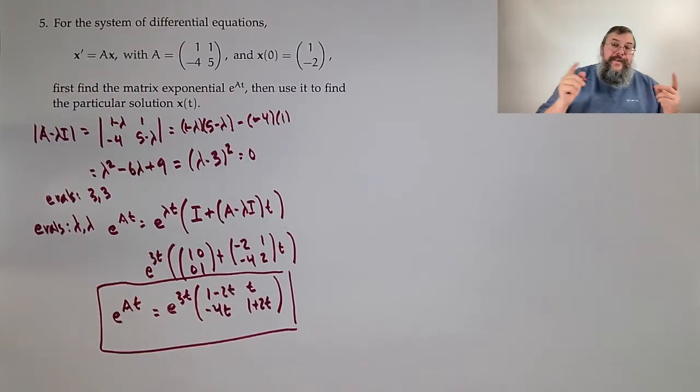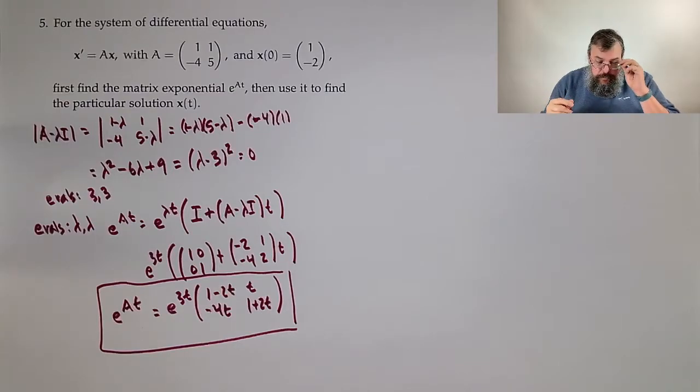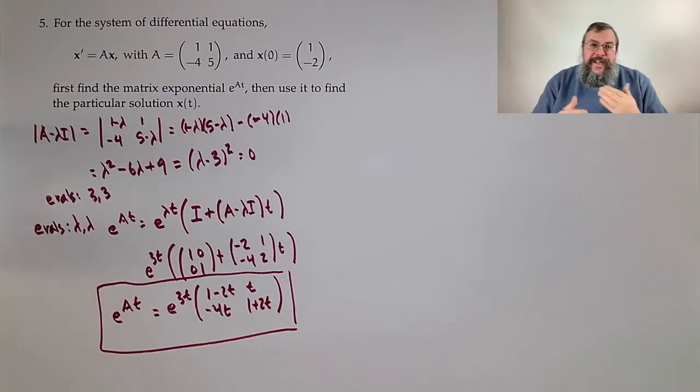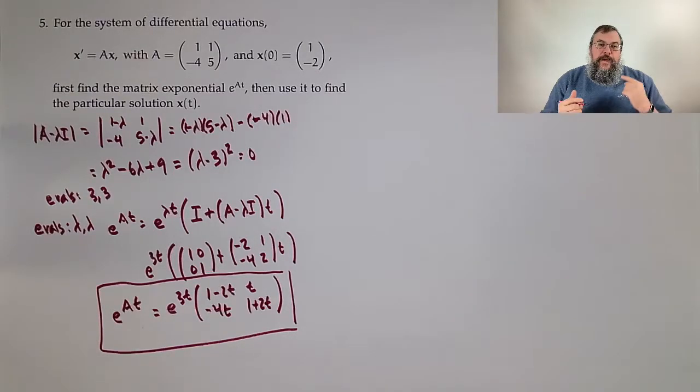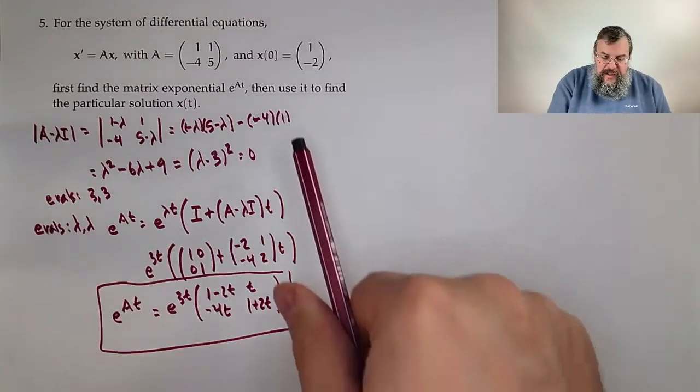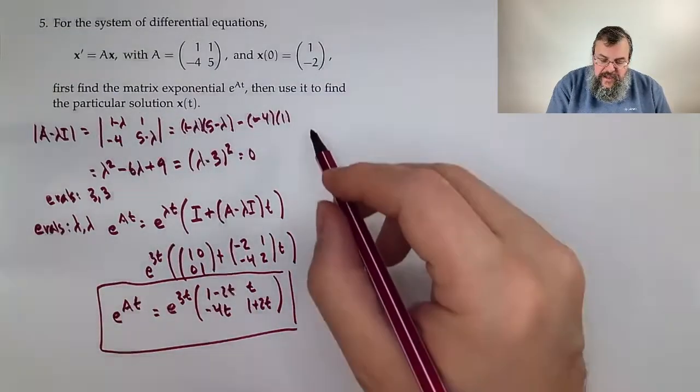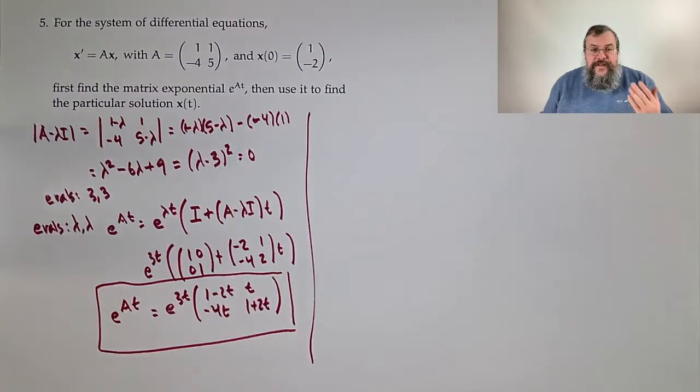But to finish it up, to do the whole problem, the other thing that we need to do is solve for the particular solution. Use it to find the particular solution. Now for that, once you have e to the At, it's really quick, because that's why we want e to the At.